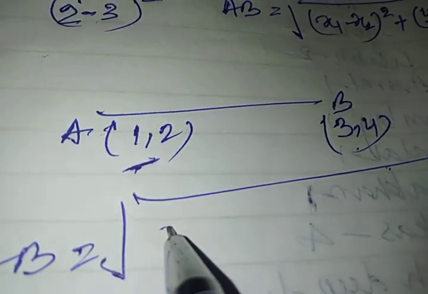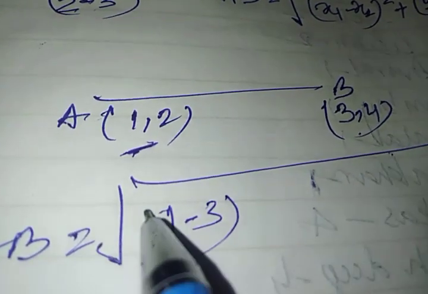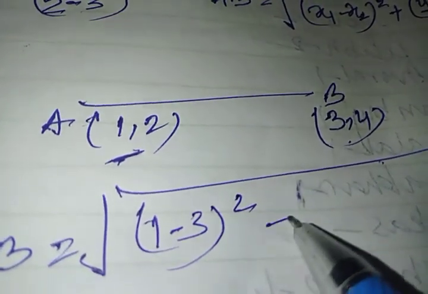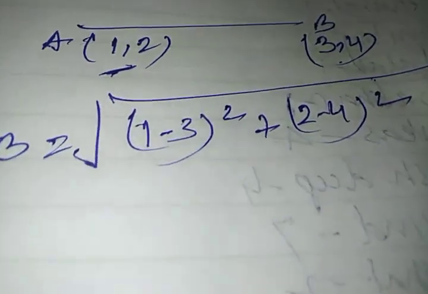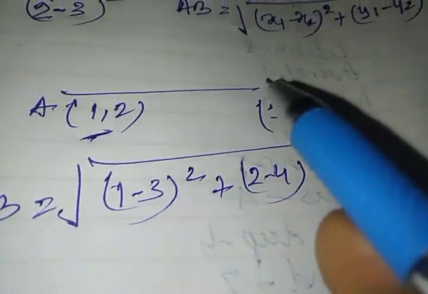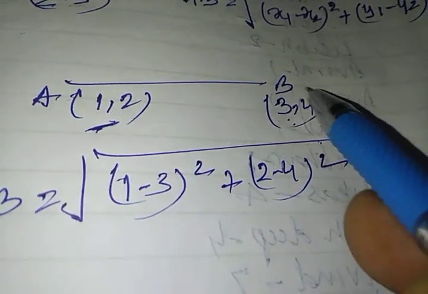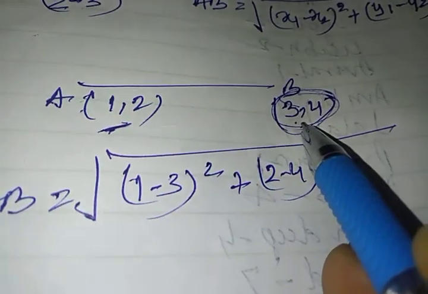So when you subtract x, you will get (1 minus 3) whole squared plus (2 minus 4) whole squared. Or suppose you fix this point, then the other will be subtracted from this.